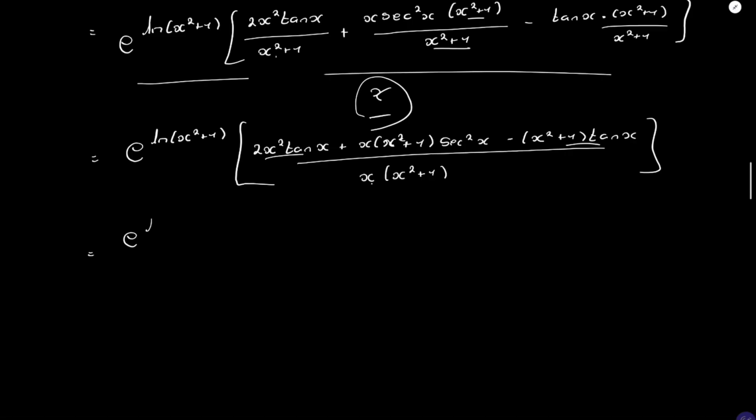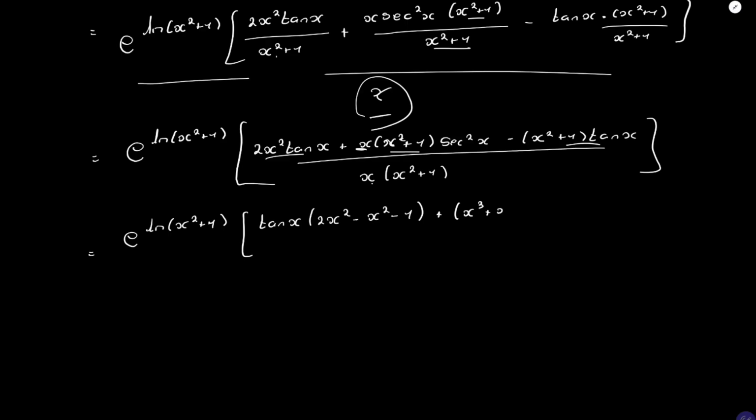This leaves us with e to the ln of x squared plus 1 in brackets, tan x remaining, 2x squared minus x squared minus 1 plus, we can send this x here into the bracket, leaving us with x cubed plus x sec squared x, divided by x times x squared plus 1.